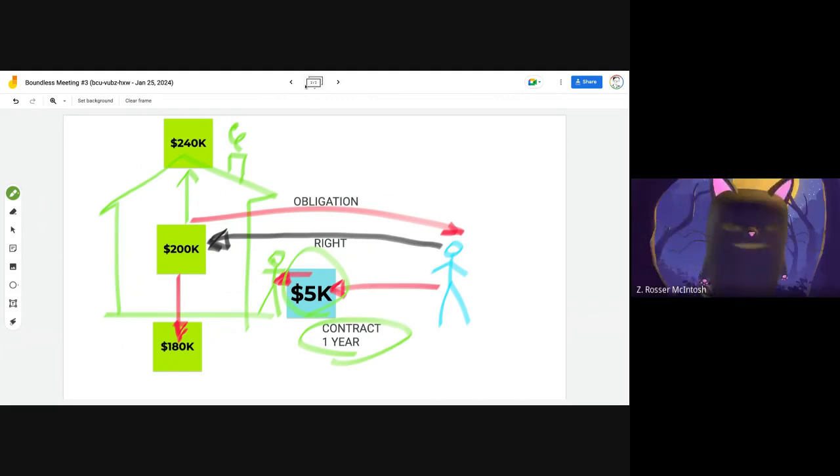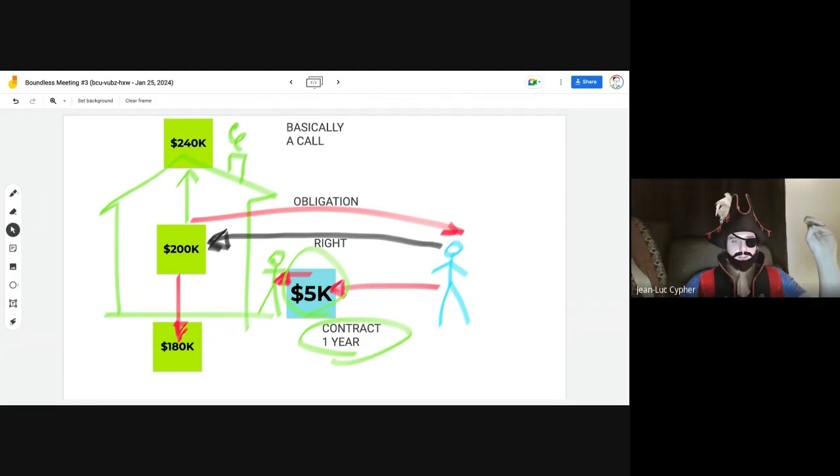I'll just do a simple one, and I'll make a note up here that this is basically a call. Now, there's always going to be two parties with a call option. There's the seller of the call, and to the seller, the call is an obligation. To the buyer, the call is a right. Yeah, it's an obligation for the seller, a right for the buyer.